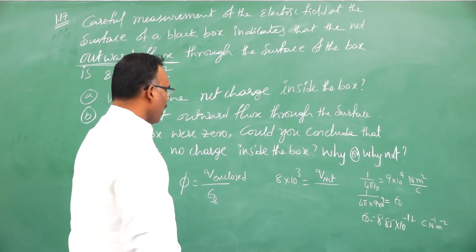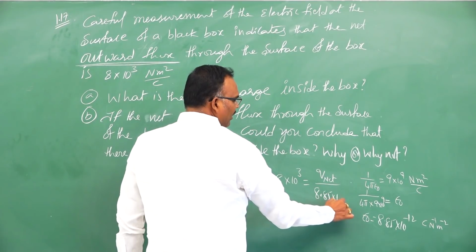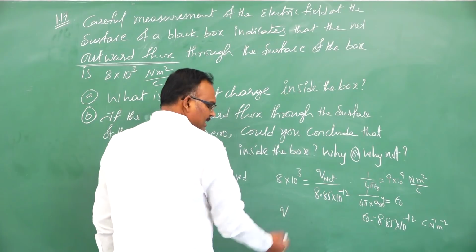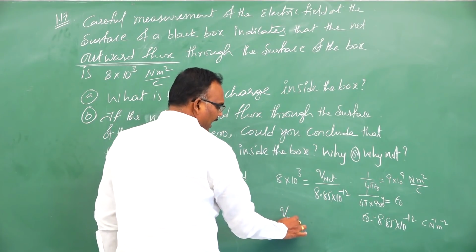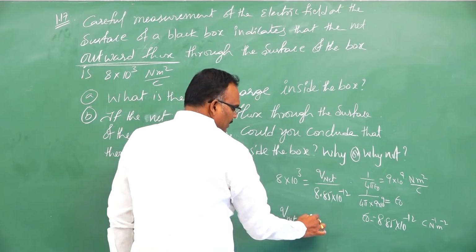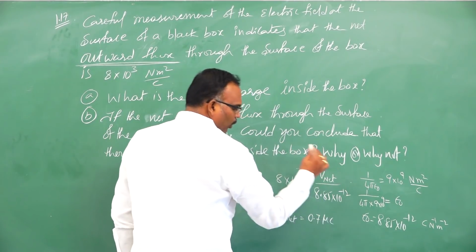Then it will be coulomb Newton inverse meter inverse square, or coulomb per Newton meter square. Okay, now I know epsilon naught value, that I will substitute here, that is 8.85 into 10 to the power of minus 12. Then net charge, if you simplify, you will get 0.7 microcoulomb.